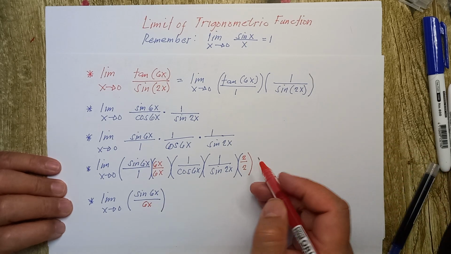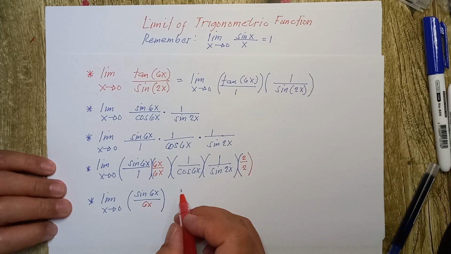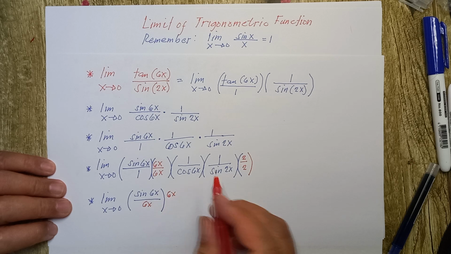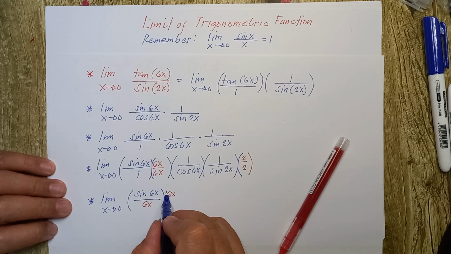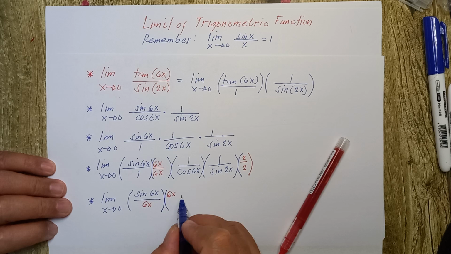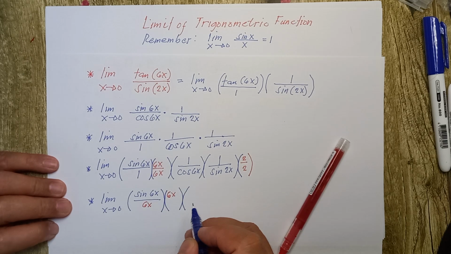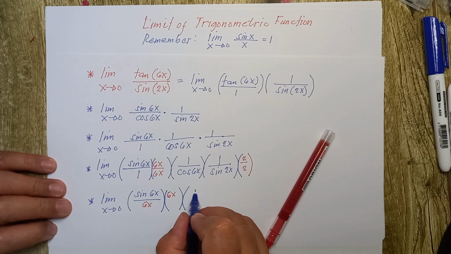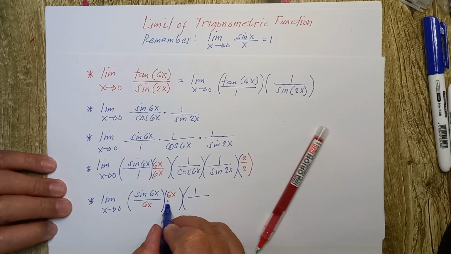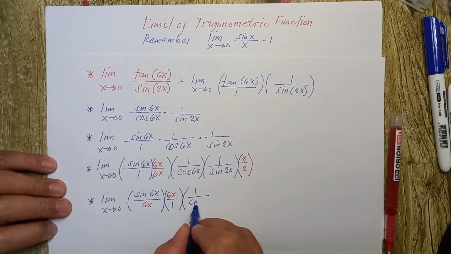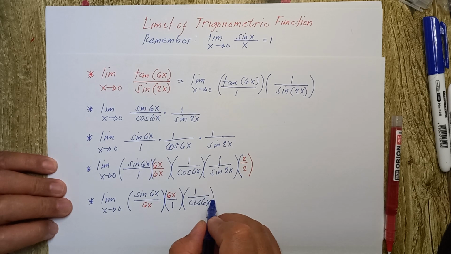Now another one, we have now in here that is the same as 6x. Okay, multiplier is still multiplier. So another one, so 1 over is of course 1. That is another cosine 6x.